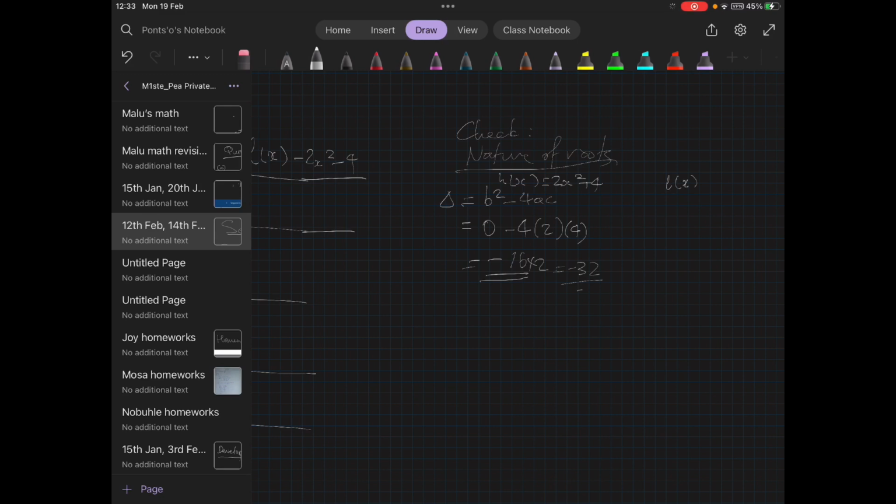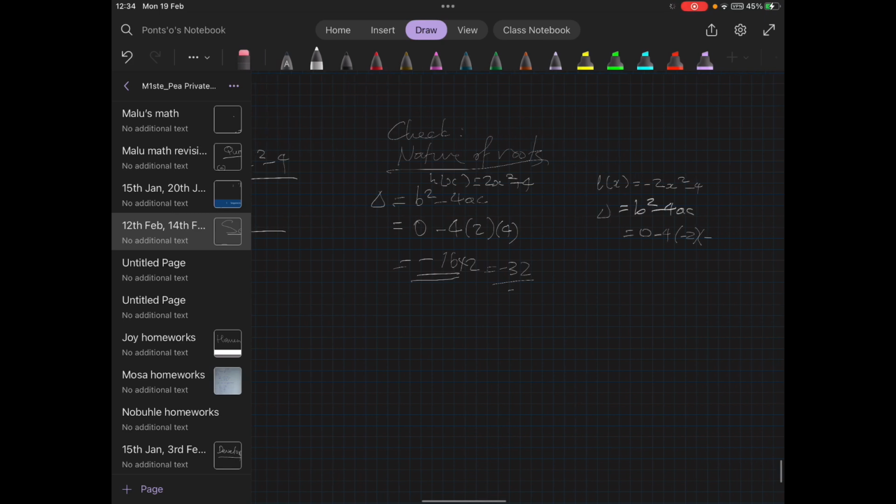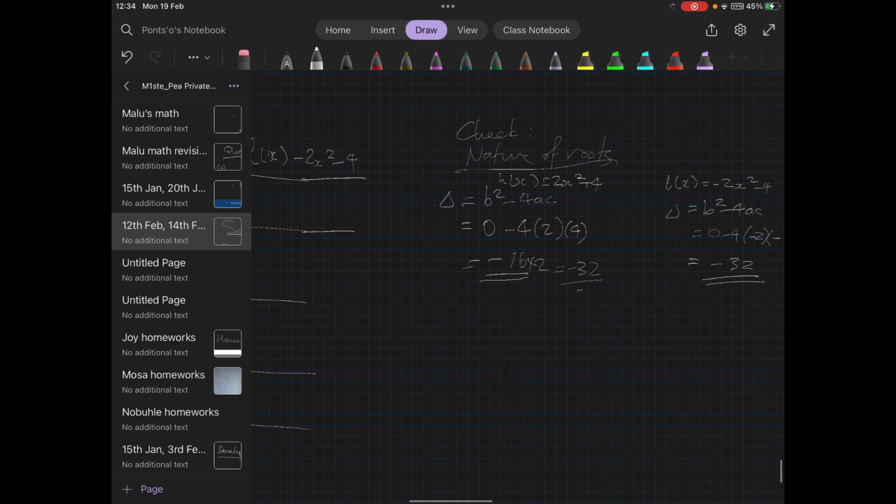And I think the same process can be followed with the other function, L of x, and delta is b squared minus 4ac, which is 0 minus 4 into negative 2 into negative 4. Already, because we've got 3 negative signs, where we substitute, we're going to get a negative net answer, which is negative 32. So in this case, no intercept of x-axis.